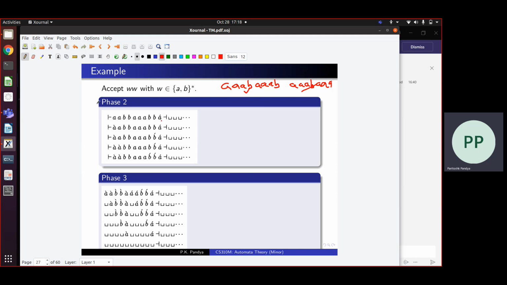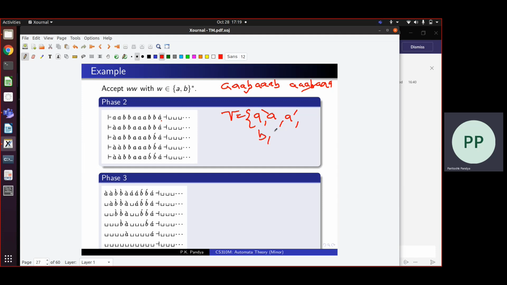Then it moves to phase 2. In phase 2, it will scan to the right till it hits the right-hand marker and move one step to the left. Our input alphabet was only the symbols A and B. Our tape alphabet gamma will consist of three kinds of A: normal A, a left A and a right A. Similarly, three kinds of B can be written on the tape.